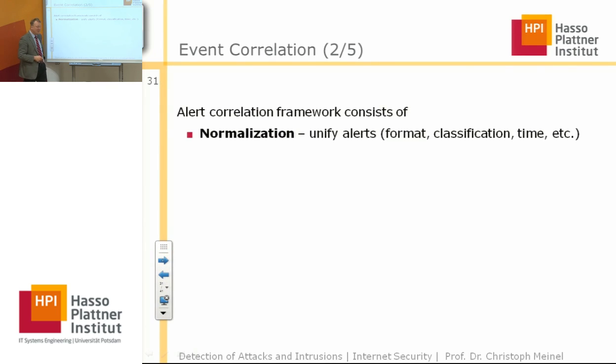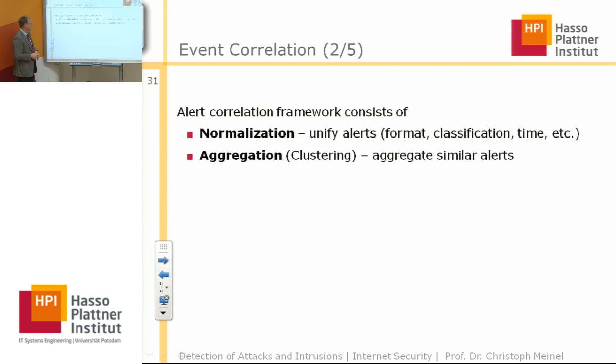Such an event correlation framework needs several components. It starts with a normalization of the various security events, to unify the alerts. It needs to normalize the format; a classification is needed, a time, and so on.